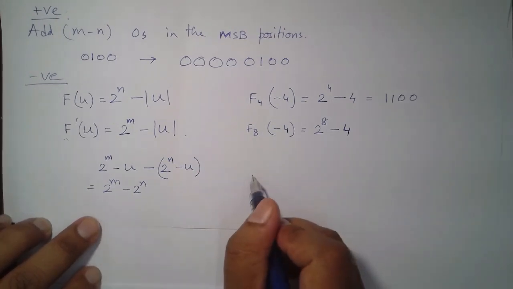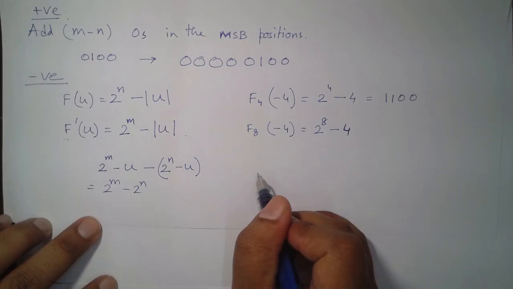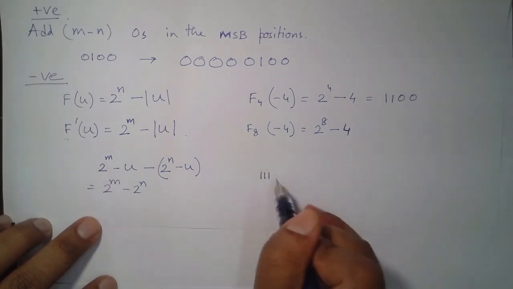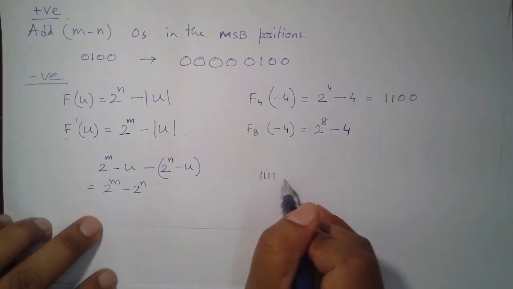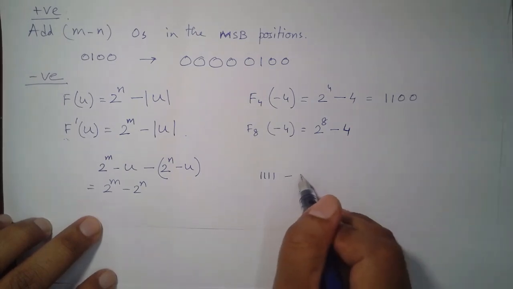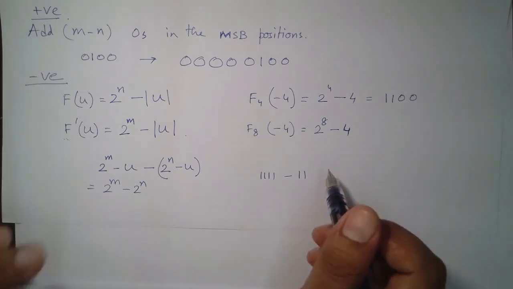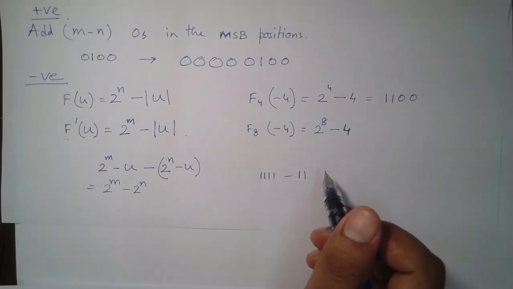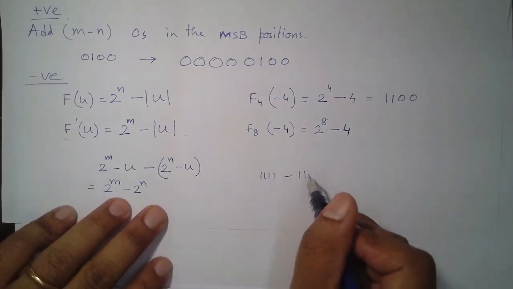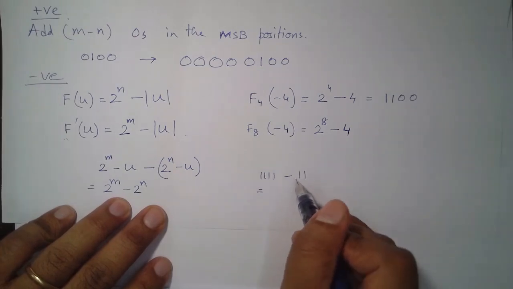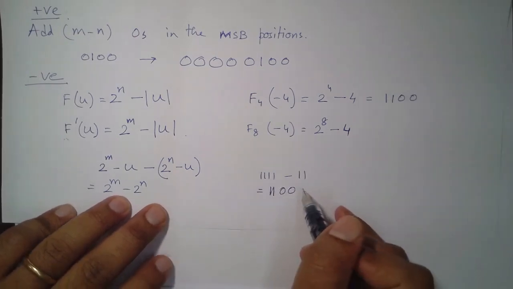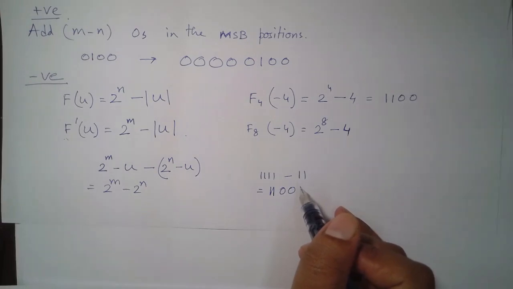So 2 to the power 4 is 16, which is this, and 2 to the power 2 is this, right. All right. So it is nothing but 1100. Does this make sense?